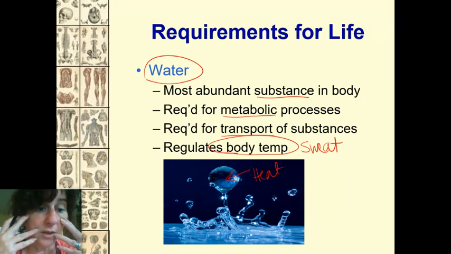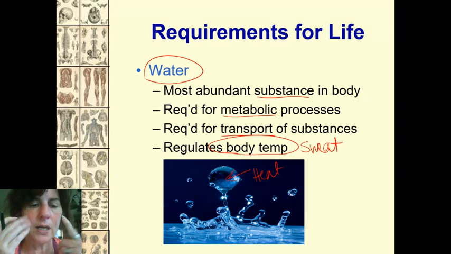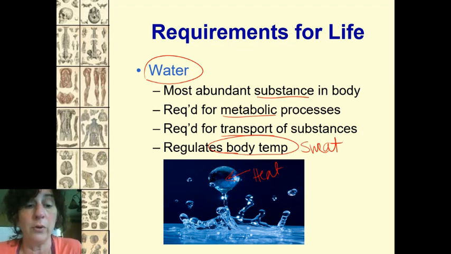Your face gets red, flushed, right? Because your blood vessels are dilating. And that heat then is allowed to be released as the water, the sweat, rises to the surface of your skin. The heat is released from that, generally, unless you live in Houston where we have high humidity, and then it gets to the surface and it just kind of sticks there, and then you just feel worse.